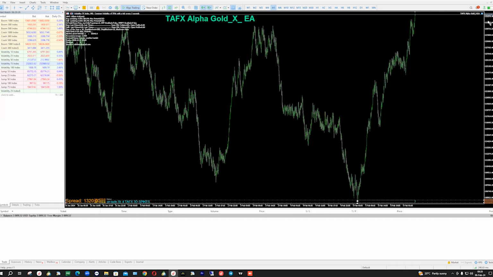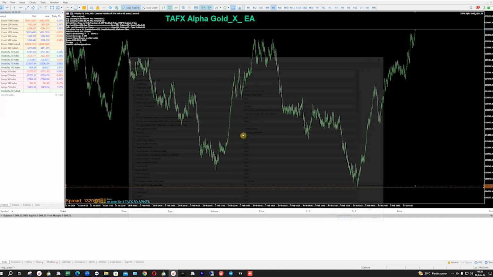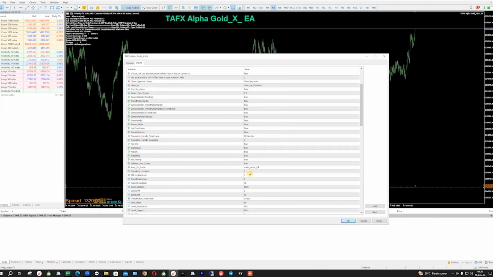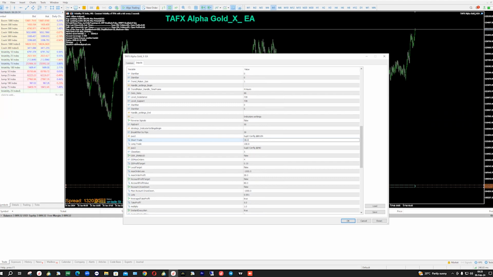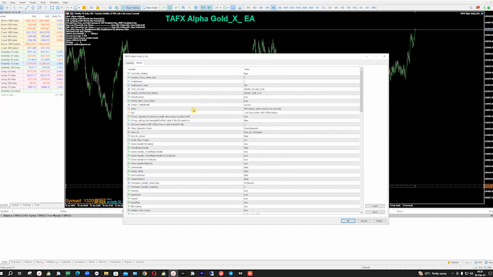Then you write okay, you set okay. Then we go here, and remember we have to set these setups to 98.8, because that is the parameter we set on our chart.